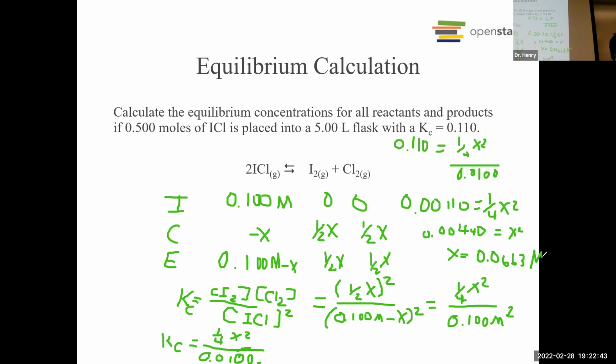Here we'll take a look at this number, right? It's all perfect, it's all gravy if it's less than 5%. So we have 0.0663 divided by 0.1.